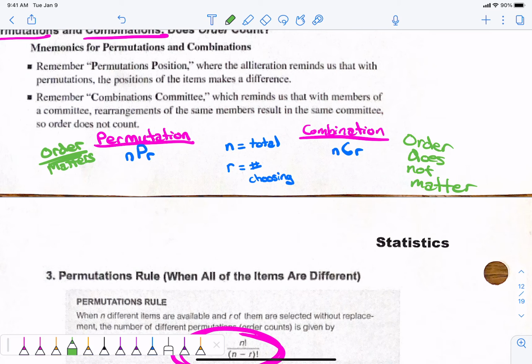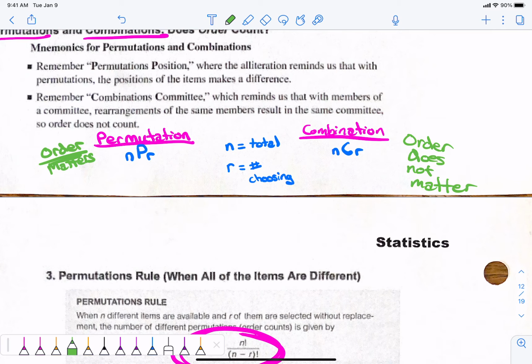And I am going to choose 3 of you to get first, second, third place out of some contest that we're going to do. So I'm going to choose India as first place, Ashton as second place, and Lily as third place, right? Is that the same as me choosing Ashton as first place, Lily as second place, and India as third place? Of course not, because India's like, I was first, and now I'm third. This is crap, right? So the order does matter.